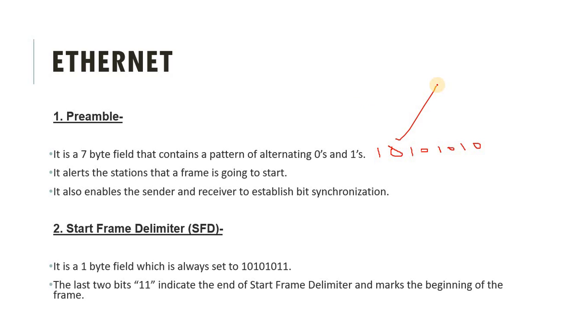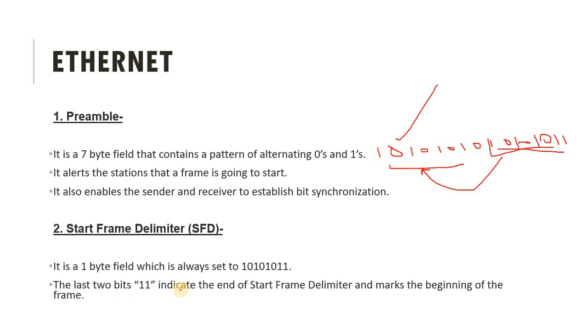Next is the start frame delimiter. After this, 1 byte of start delimiter is used. This is also static data, which is 10101011. In earlier days, only this start frame delimiter was used, and then as Ethernet became widely used, the preamble was also added at the beginning of the frame.